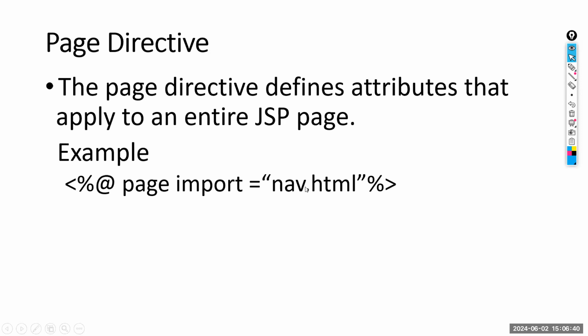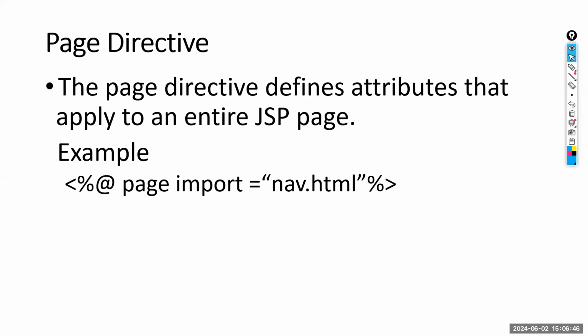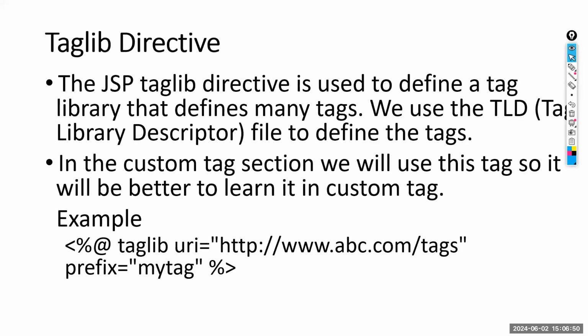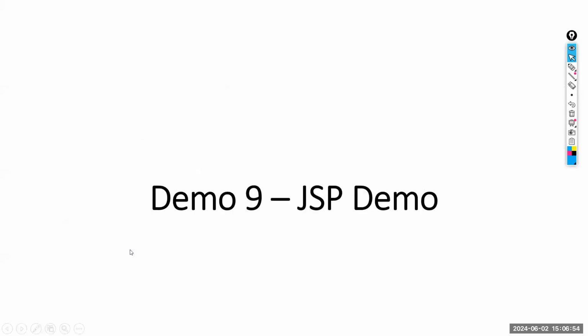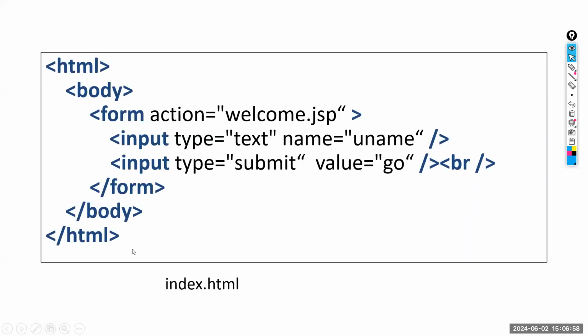Import a particular page part. It's pretty much like including in an HTML page. Then you have a concept called tag libraries and so on. So this is our JSP demo.